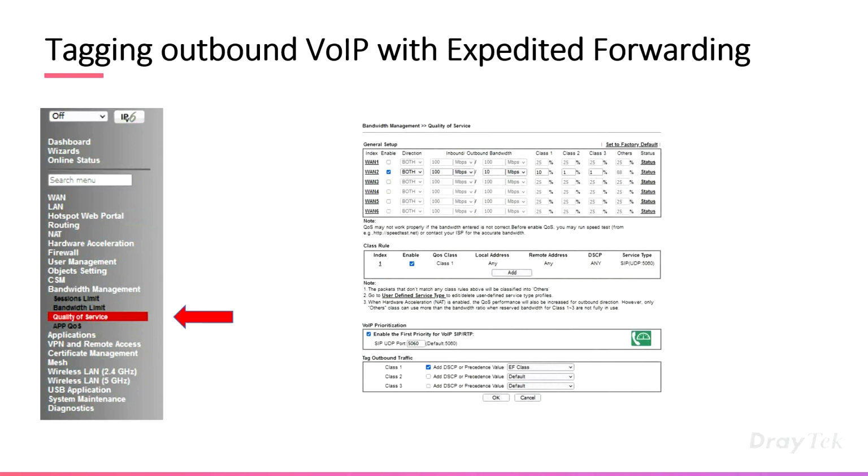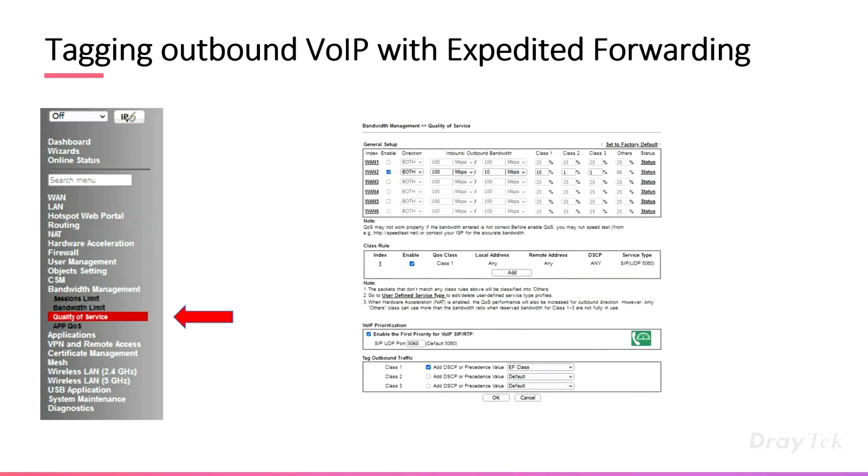Now, if we want to tag outbound VoIP with expedited forwarding, which per hop behavior shows that any traffic class with EF is given highest priority and is not queued, basically. EF provides low latency and low jitter.